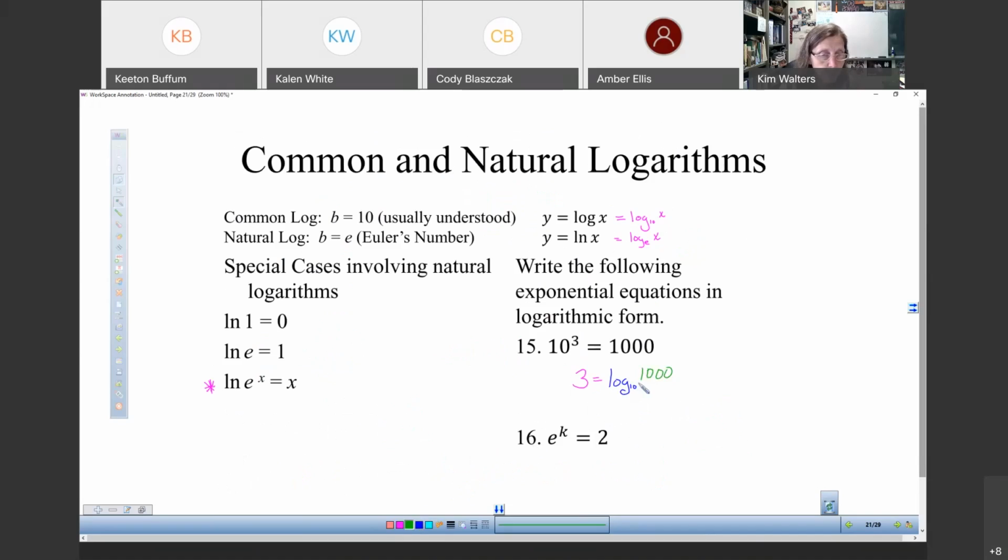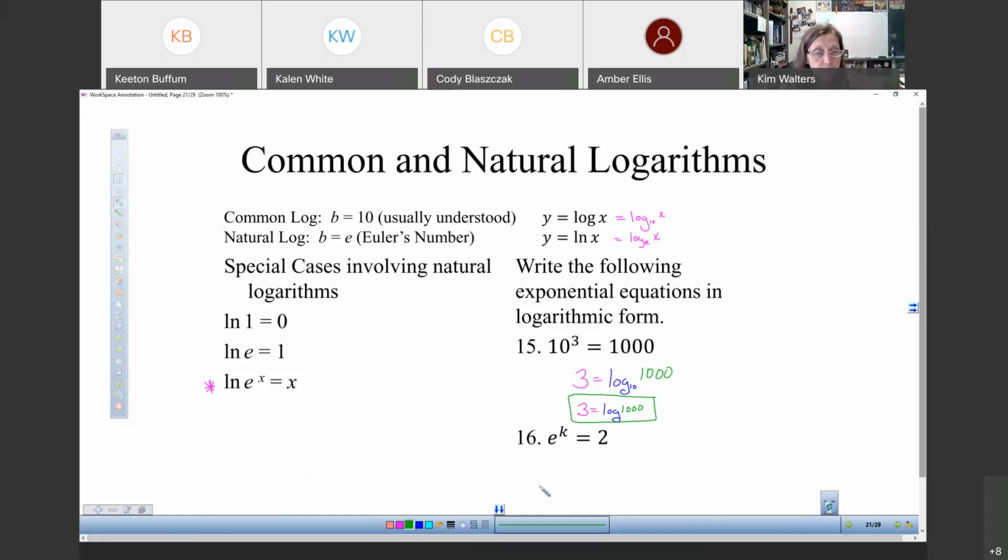You will never see me write this again like this, and that's not the way it's going to be written in my labs. It's going to be 3 equals the log of 1,000. This is my final answer. We do not write log base 10. If there's no base, it's understood to be 10.